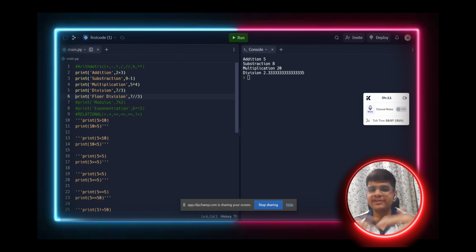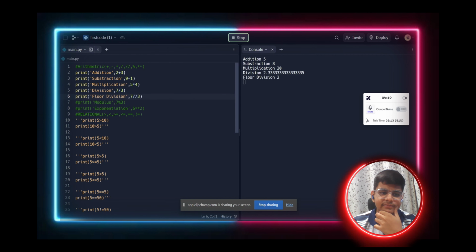I have got the actual quotient of that division, but I want only the integer part. So I will use floor division, which means two consecutive division symbols. I get the integral part of the quotient, that is 2 in this case.